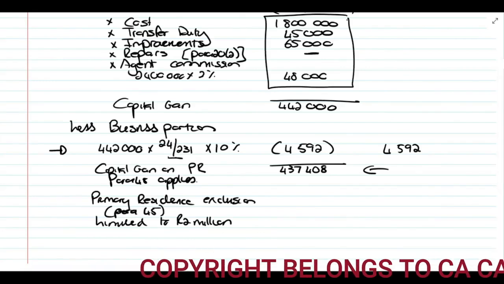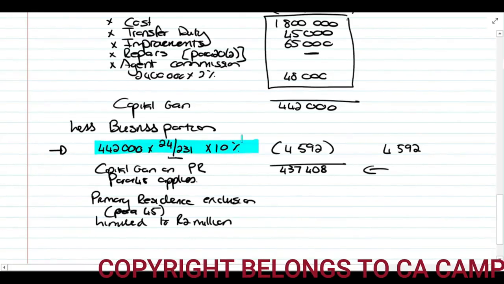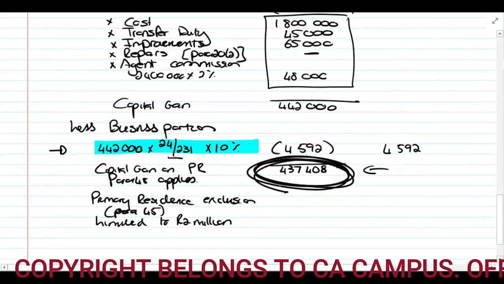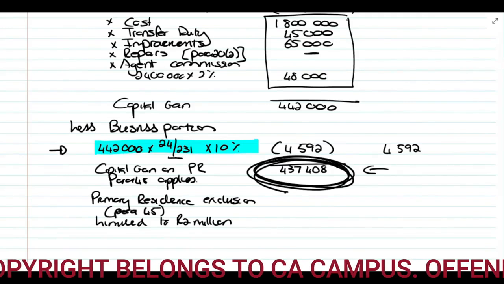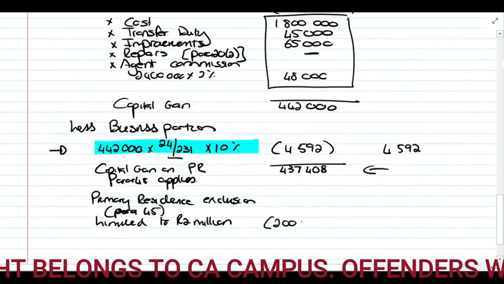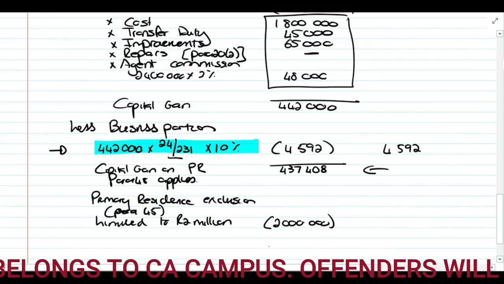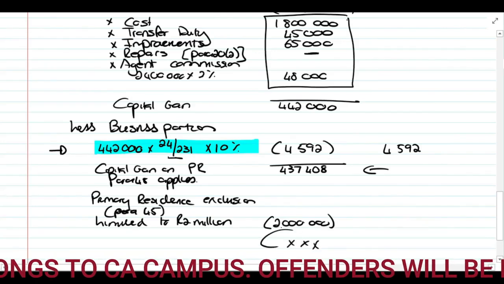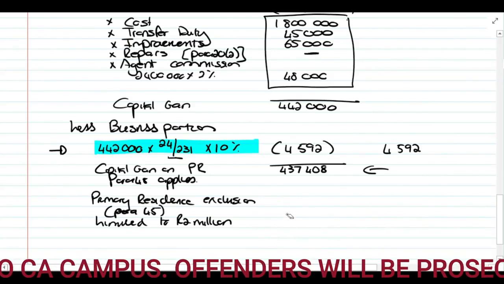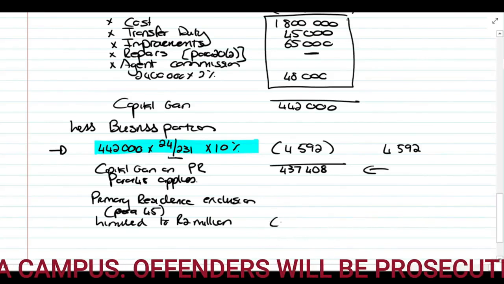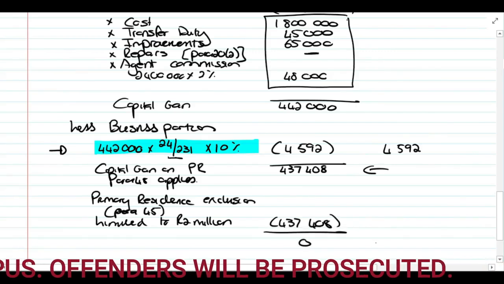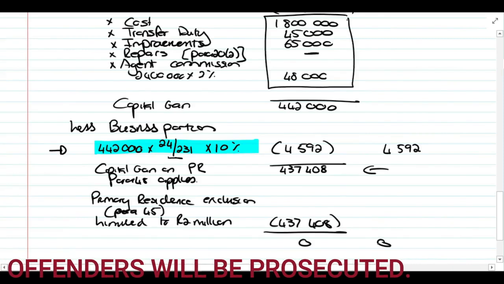You've already done the apportionment over here. The 2 million is per primary residence capital gain. So you get that full primary residence capital gain there. Right, so you could get the whole 2 million there, but obviously you don't create a negative amount here. So basically what we just say is up to 2 million is available. So that means the full 437,408 is not taxable and there's no further capital gain.